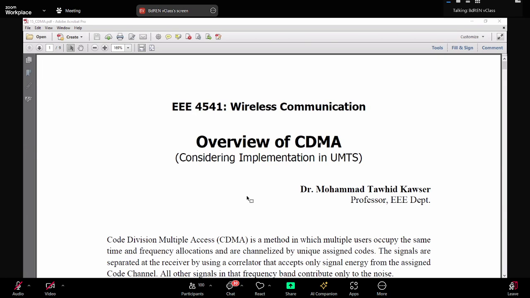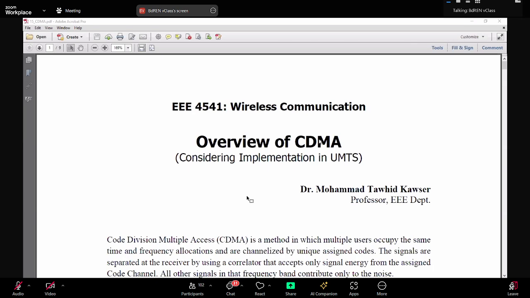This is because in the case of TDMA and FDMA, we first chop the radio resources into different parts, and in the case of TDMA, at different time slots, we let the users use them. But in CDMA, the whole bandwidth will be used by everybody. Very surprising. Everybody will be using the same frequency range.